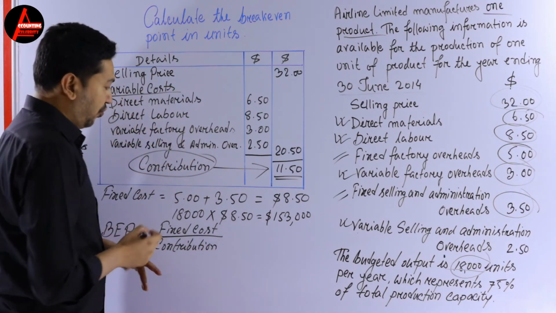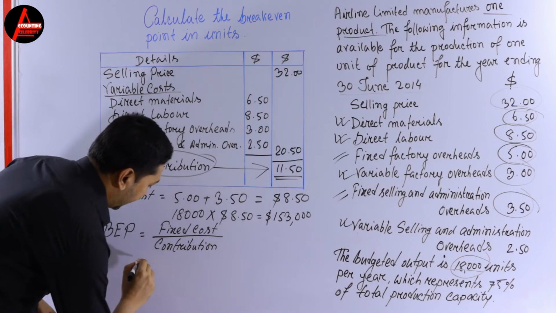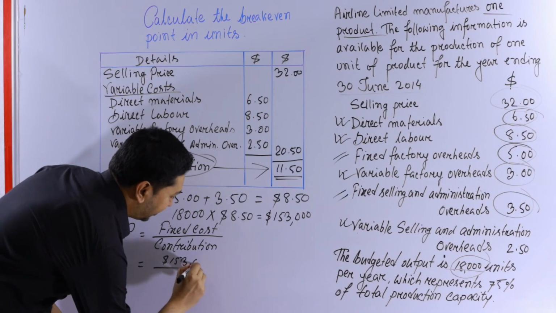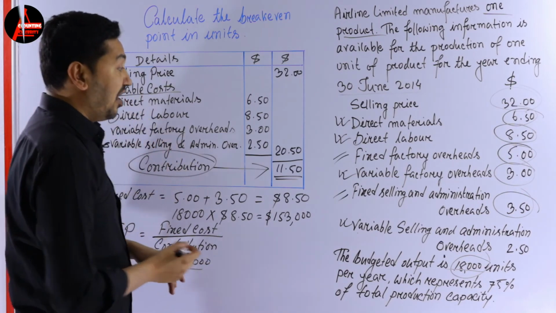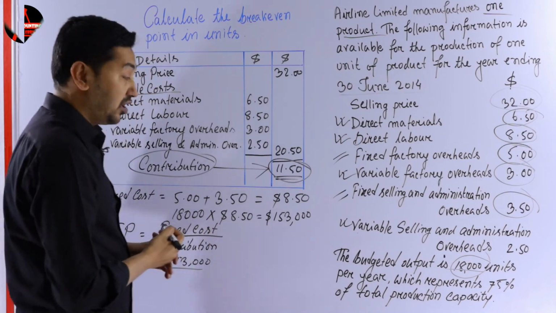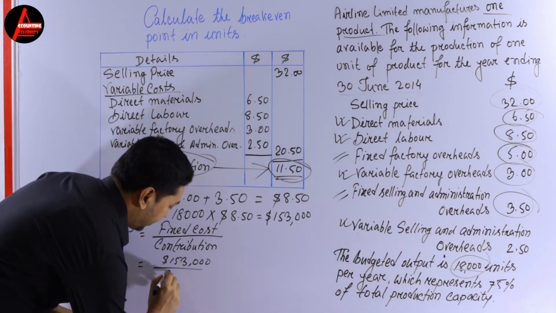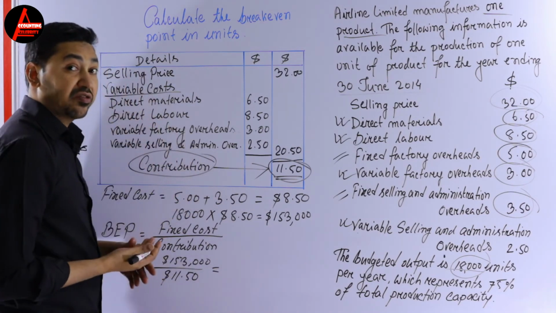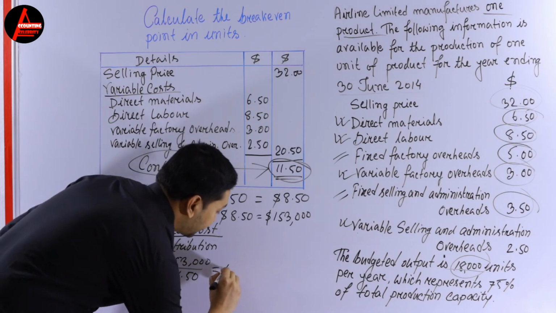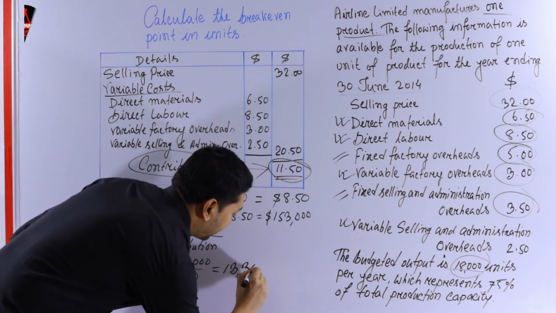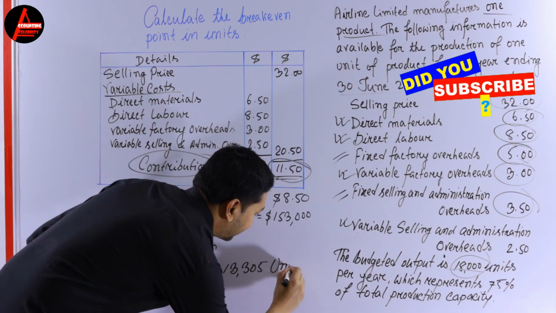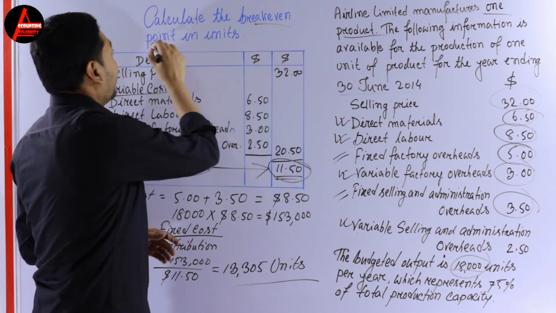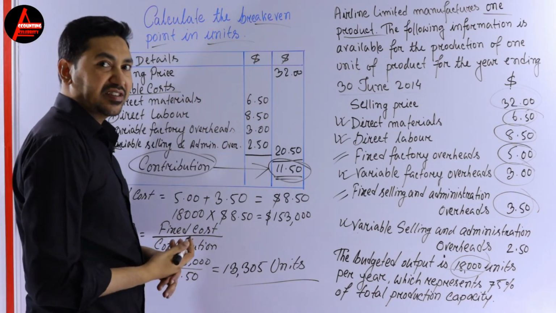So what is our fixed cost here? We already calculated our fixed cost, which is $153,000. And our contribution is $11.50. So right here 11.50. Now if we calculate, our answer is 13,305 units. So this is our break-even point in units.